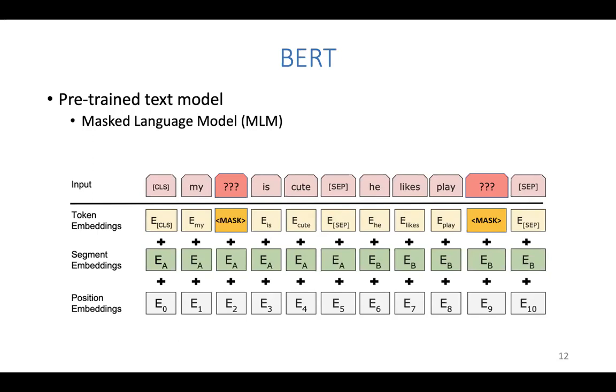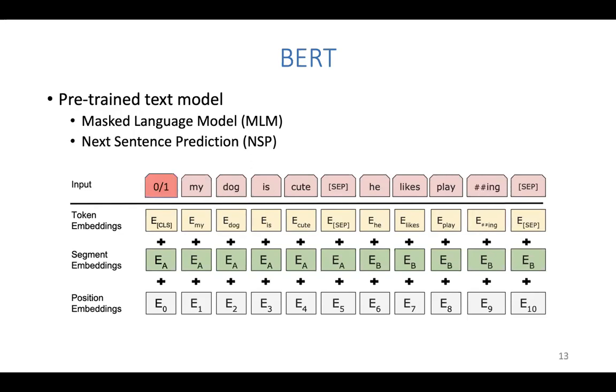You stack multiple transformer encoders, originally 12 layers, and you just mask the input token and try to guess the identity of that masked token. Here, for example, the original text would be dog and playing. This is the main task, MLM, as you already know.